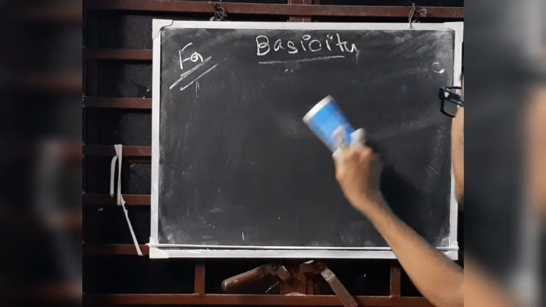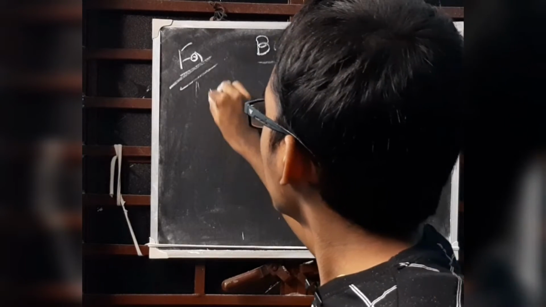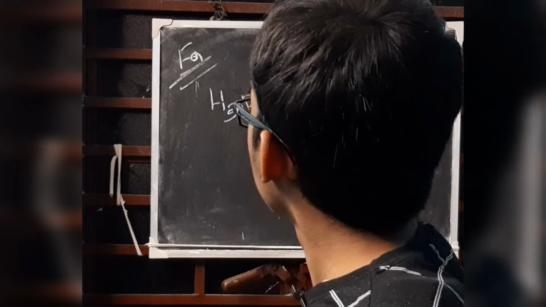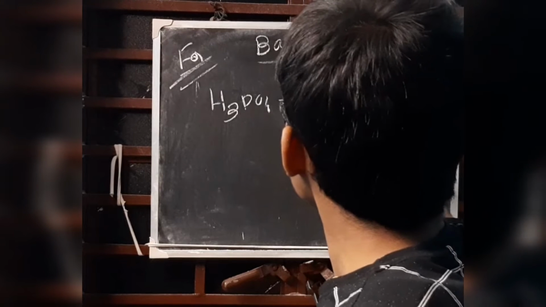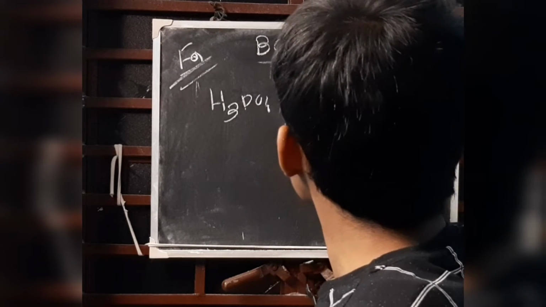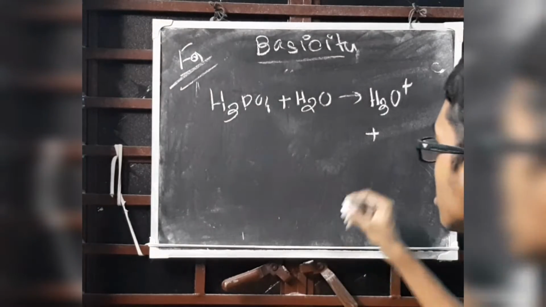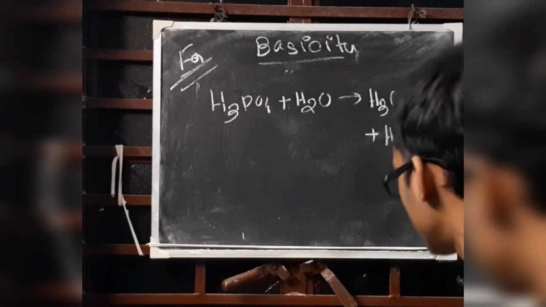I am just showing. H3PO4, first step, plus H2O. What does it give? H3O+ plus, with one H removed, so what remains? H2PO4 minus.